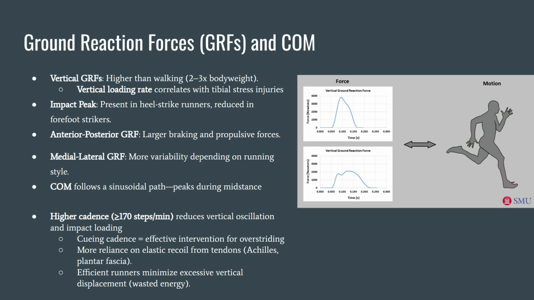This is the running version of reducing external moments by changing lever arms. Same principle you've learned with trunk lean and pelvic control. A 5 to 10% cadence increase can meaningfully reduce injury-related loads without changing strength.